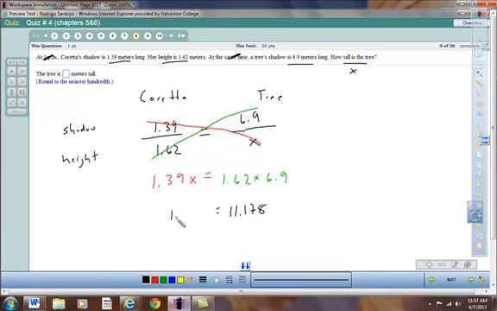And over here we still get 1.3x. So now we're just going to divide both sides by 1.3 to get x by itself. And when we do that, we get a solution of 8.04172, and it just keeps going.